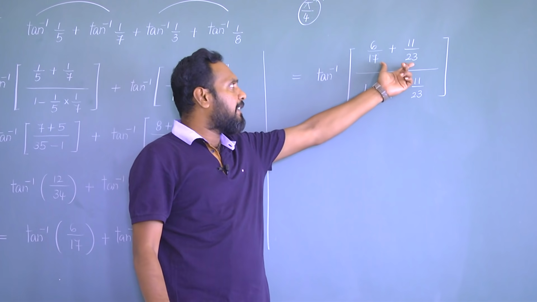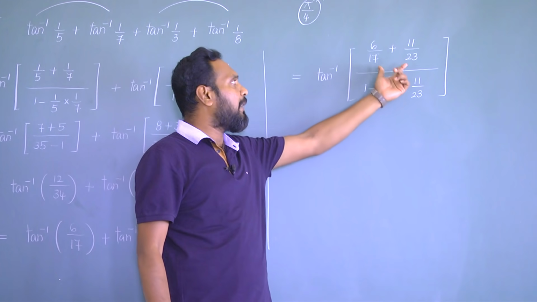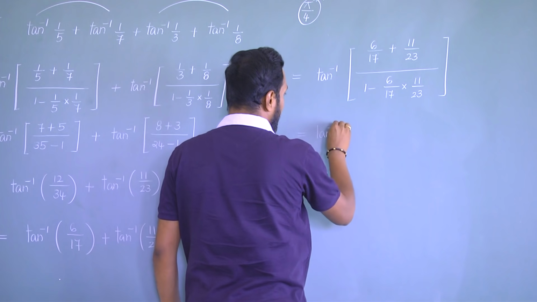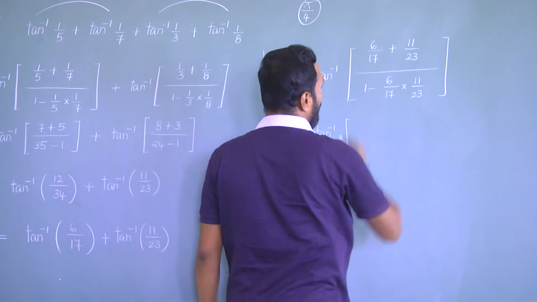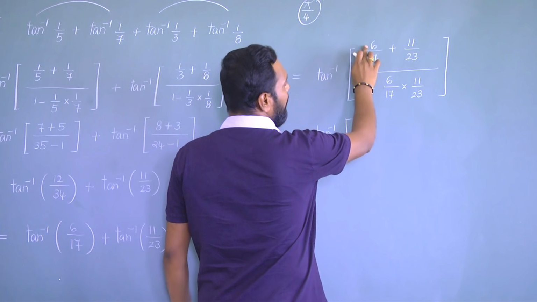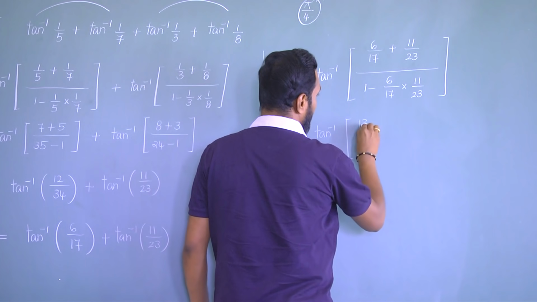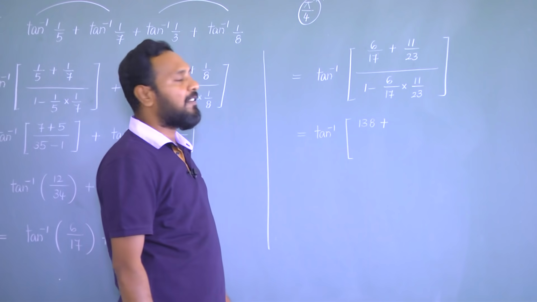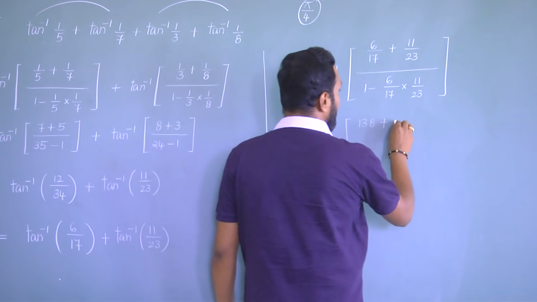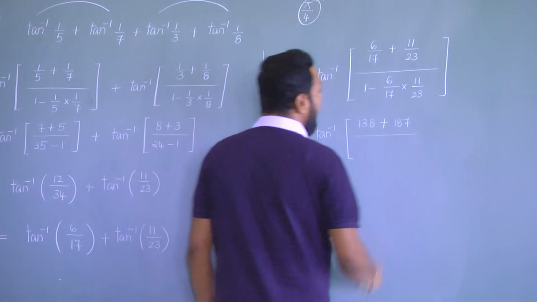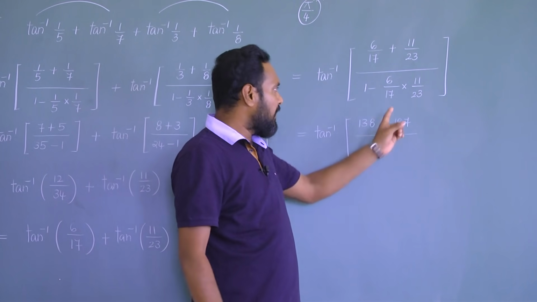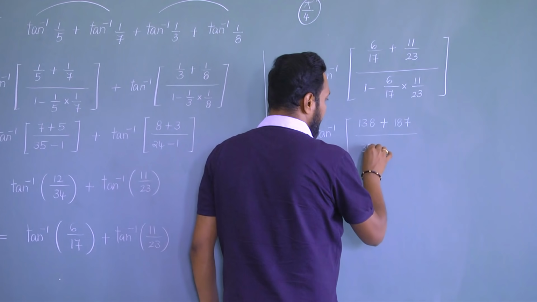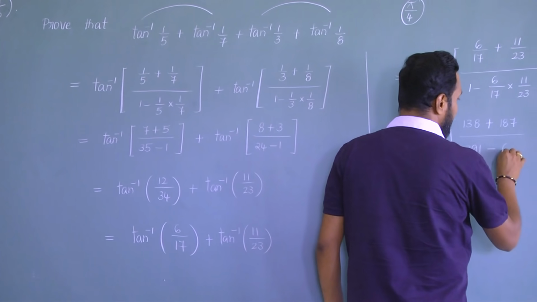If you take the LCM as 17 into 23 in both numerator and denominator and cancel directly, then on simplification it is tan inverse of 23 into 6, 6 3s are 18, 6 2s are 12 plus 1 is 13, that is 138, plus 17 into 11, 11 7s are 77, 11 1s are 11 plus 7 it is 187, divided by 17 into 23, 17 3s are 51, 17 2s are 34 plus 5 is 39, 391 minus 11 6s are 66.